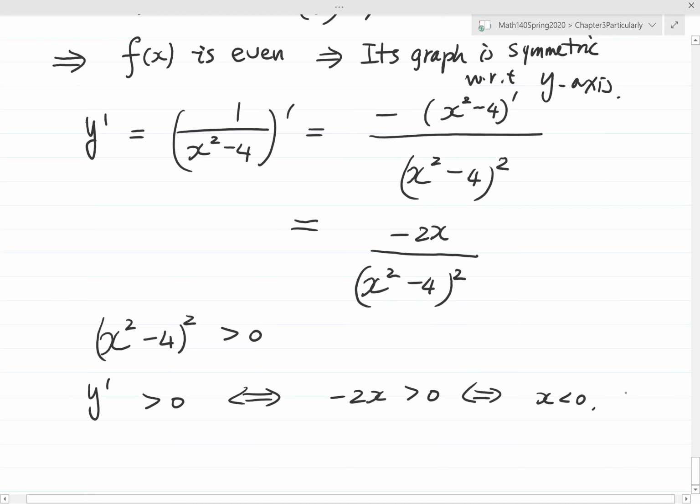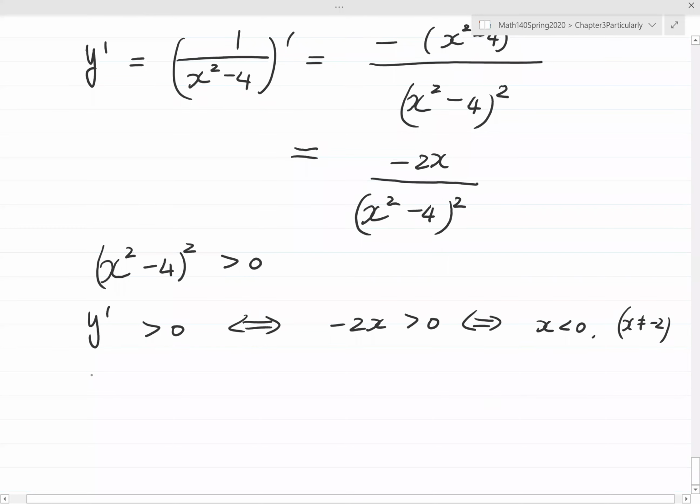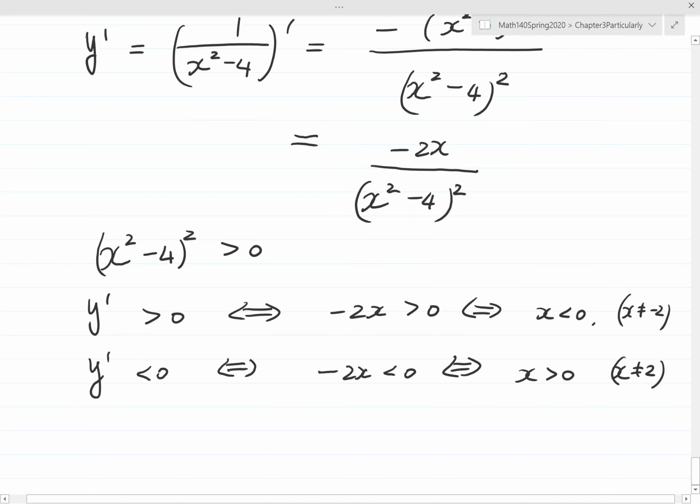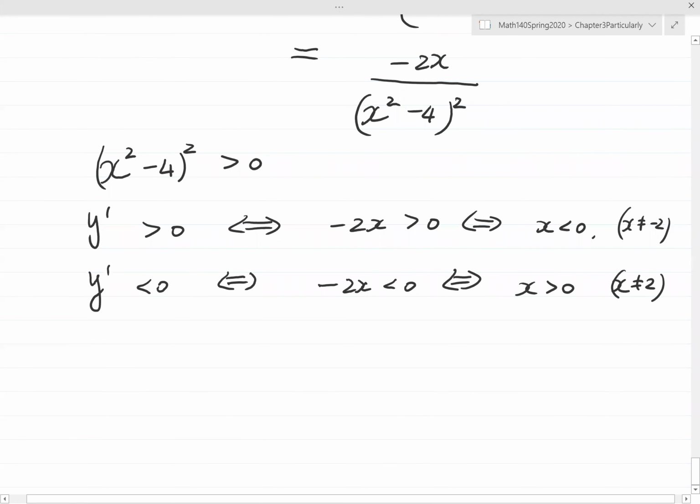Of course x is not equal to negative 2. Now the derivative is negative if and only if the numerator is negative, which is equivalent to x being positive. x cannot be positive 2. So we are done with the first derivative.